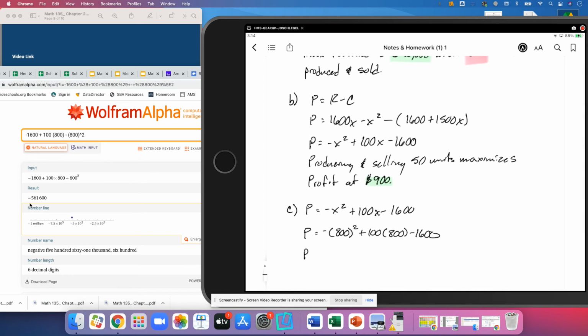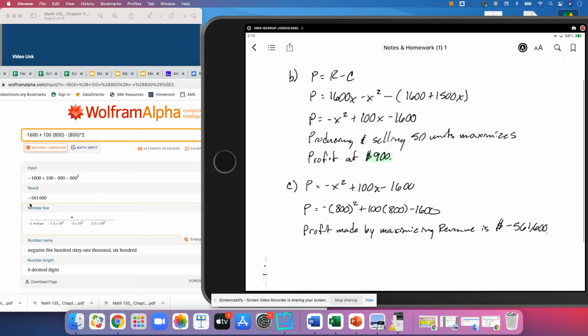So the profit made by maximizing revenue is negative $561,600, everyone. And so again, terrible idea to maximize revenue.